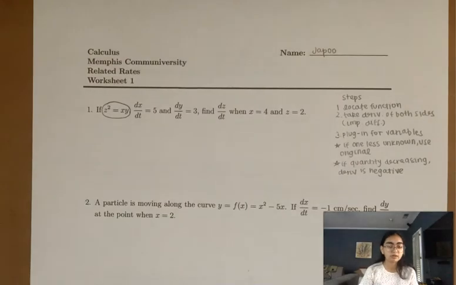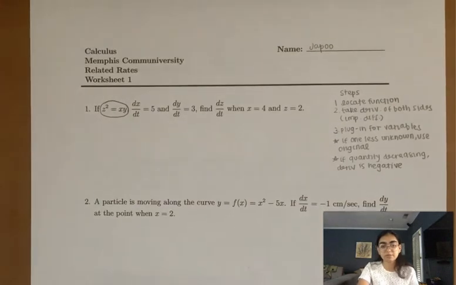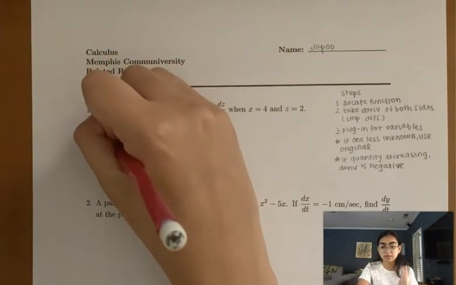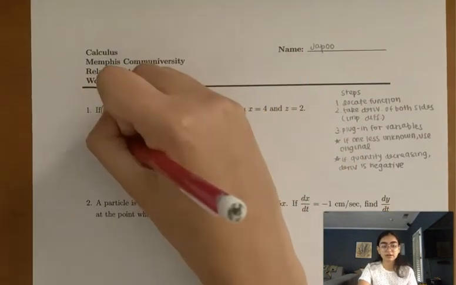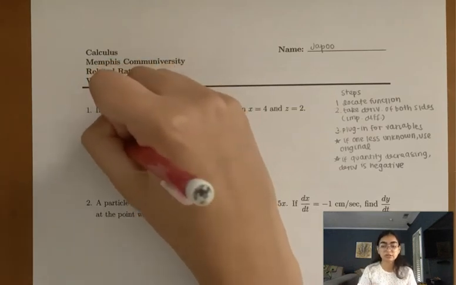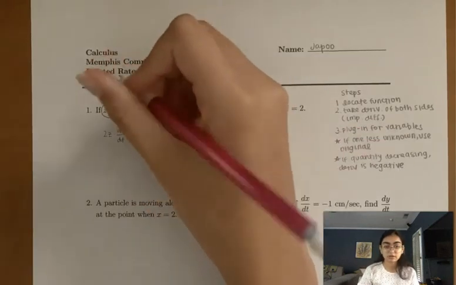And then after we find the function, we have to take the derivative of both sides. Keep in mind that here we have a product rule, and also that every single variable needs a derivative. So on the left side of our equation, we take the derivative of z squared, which is 2z times dz over dt.